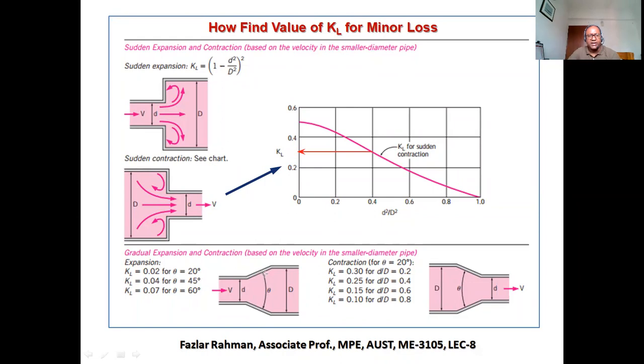If this angle is theta, how do you figure out this angle? You extend this line and this line. Then if I say horizontal, the total inclination angle between the two inclined surfaces, that is theta.